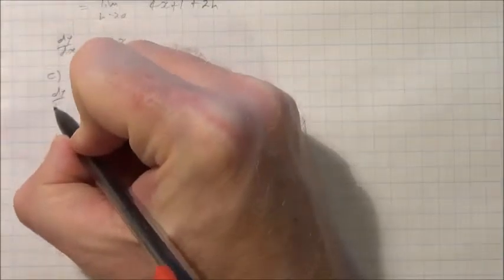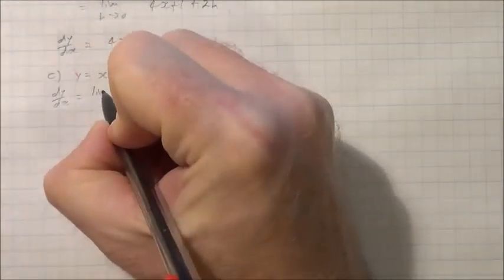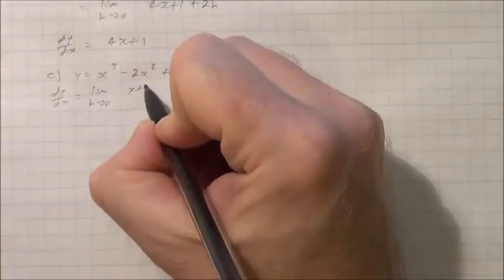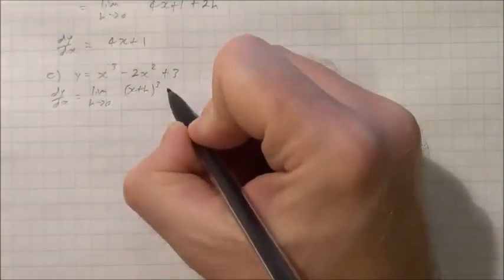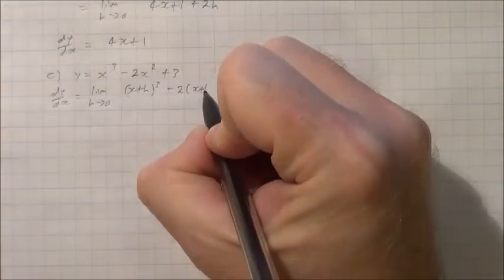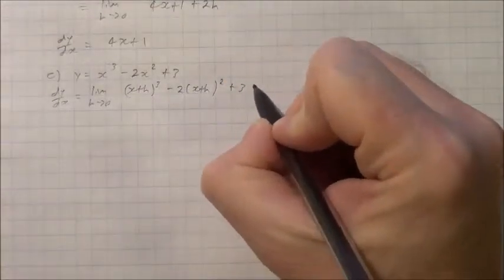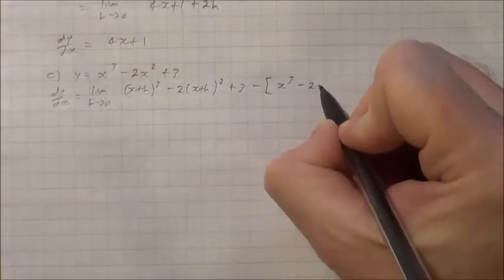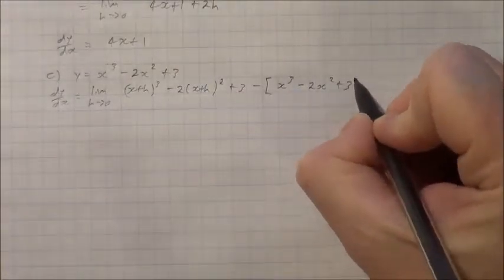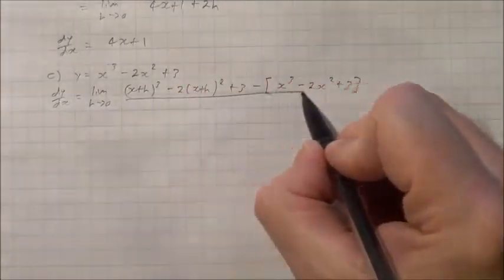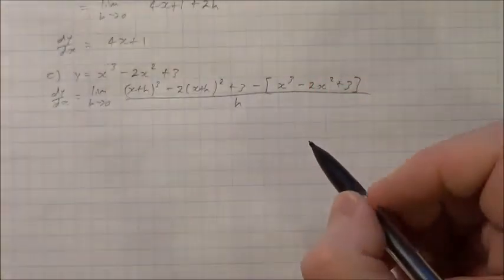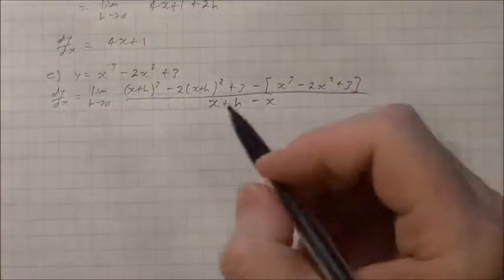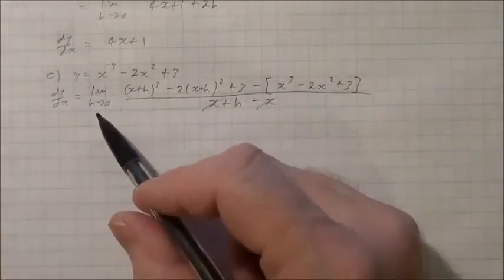So dy by dx equals the limit of x plus h cubed minus 2 times x plus h squared plus 3, minus x cubed minus 2x squared plus 3, all over h, which technically is x plus h minus x where those disappear, as h approaches 0.